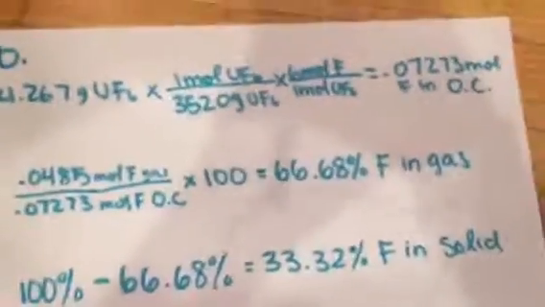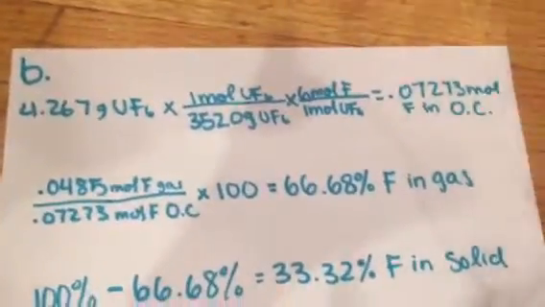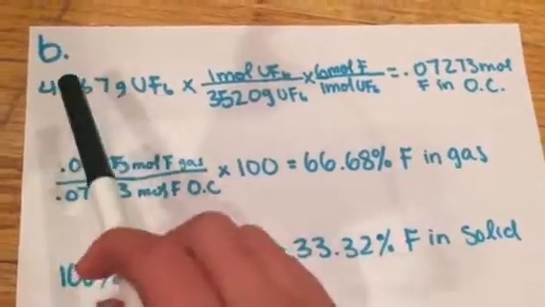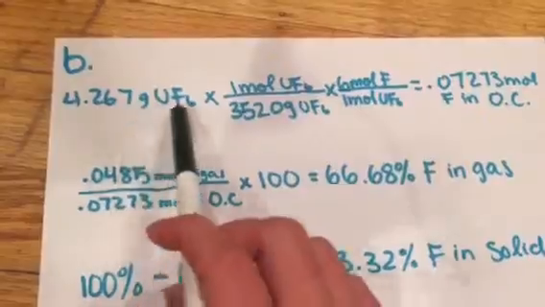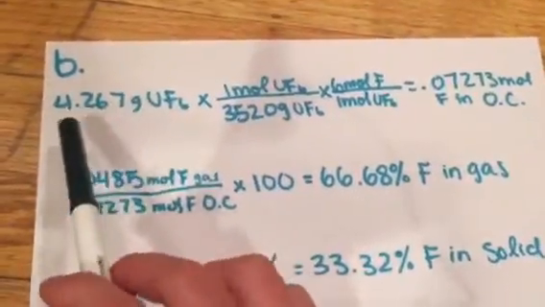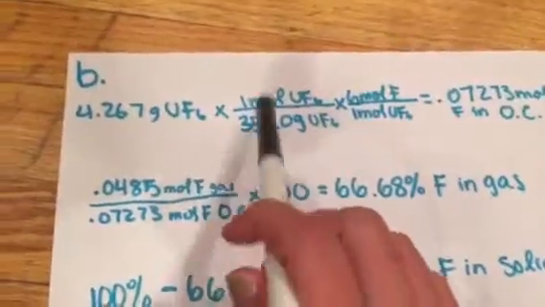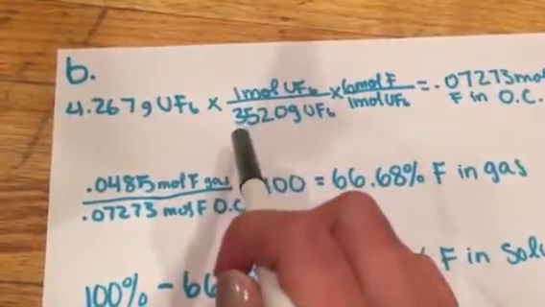So first we're going to start out by finding the moles of fluorine in the original compound. So we'll start out with what they give us in the initial question, which is the amount of grams in the UF6 compound, which is 4.267. We're going to convert it into moles, so we're going to take the molar mass of UF6 and put it on the bottom.